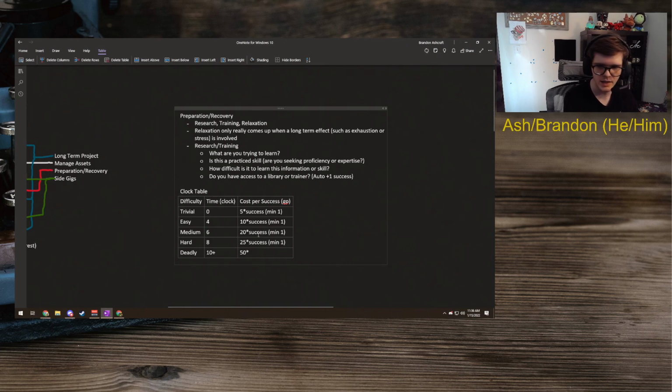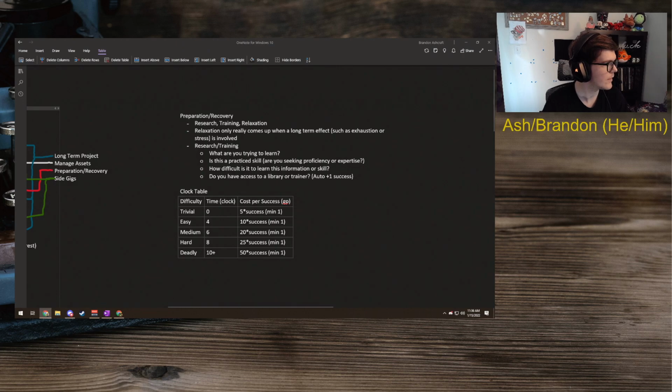Because what I'm thinking is if we look at Xanathar's, the way Xanathar's does research is, actually let me pull that up again. The way Xanathar's does research is based off a D20 roll, and if you get above average, it's 2 pieces of lore, which I never really know.